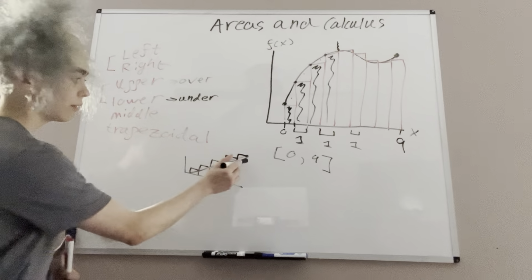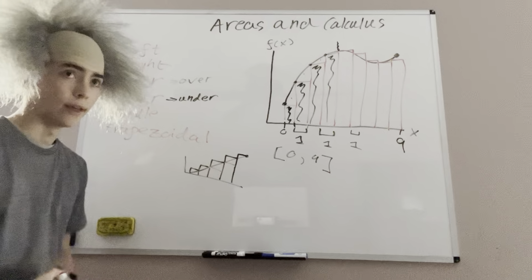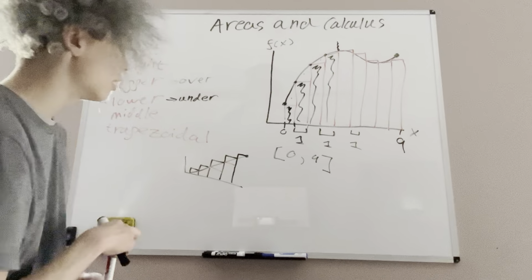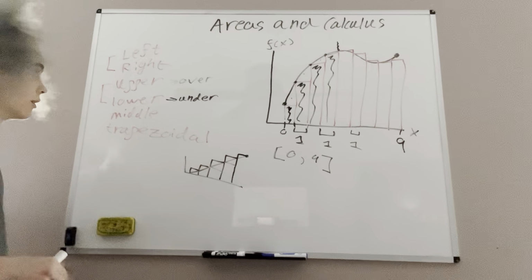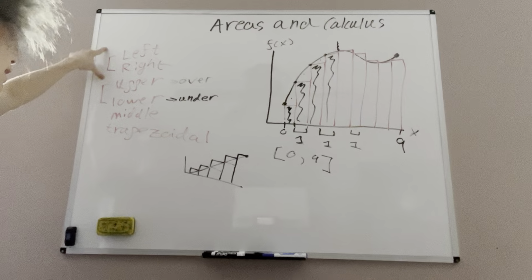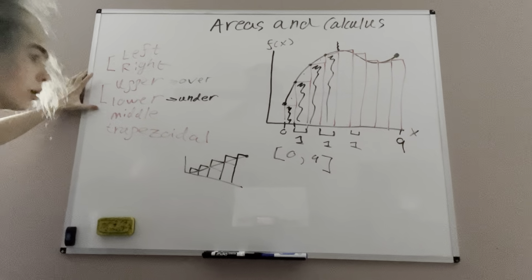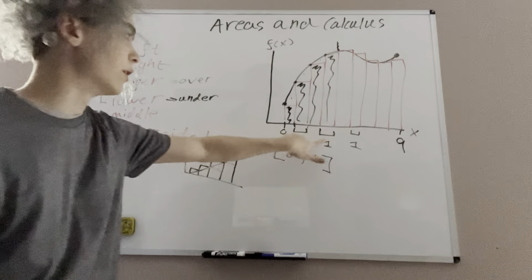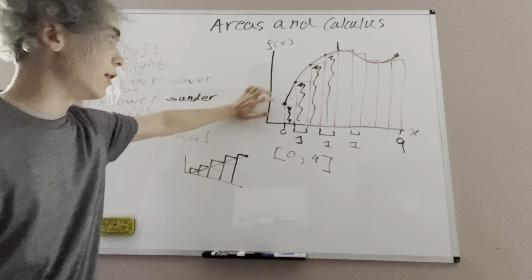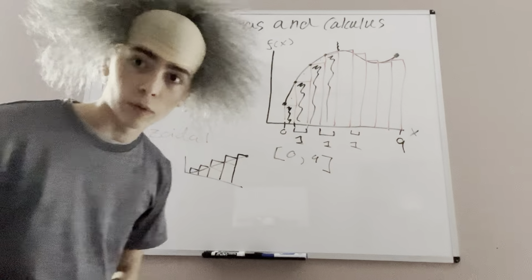But with the right Riemann sum, we start on the right and move left, so the right Riemann sum will overestimate and be an upper sum. You can also be told to draw a left Riemann sum, and you might be able to tell if it will be an overestimate or underestimate, like I did on these first four. If you draw a left Riemann sum, I know that I will be drawing a lower sum.